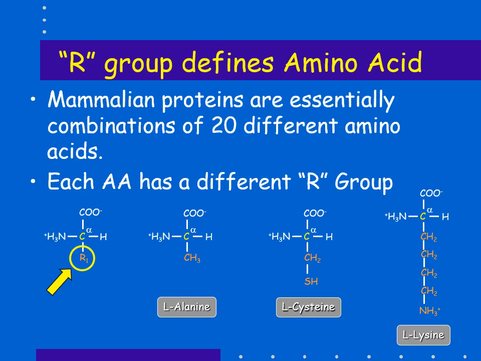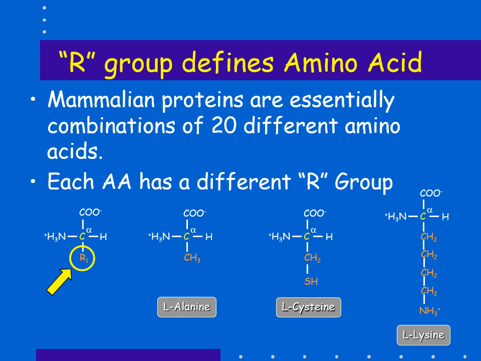Now, this variety of amino acids actually only extends to 20. These are mixed together in a multitude of combinations to form the proteins in your body. But fundamentally, these proteins consist of mixtures of these 20 different amino acids.